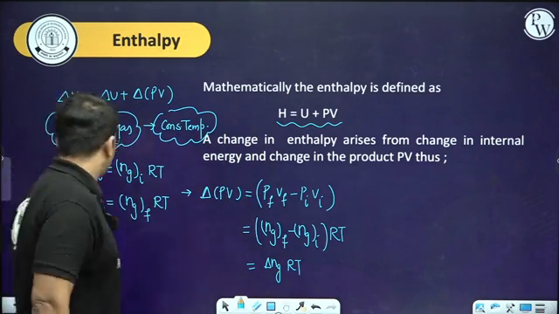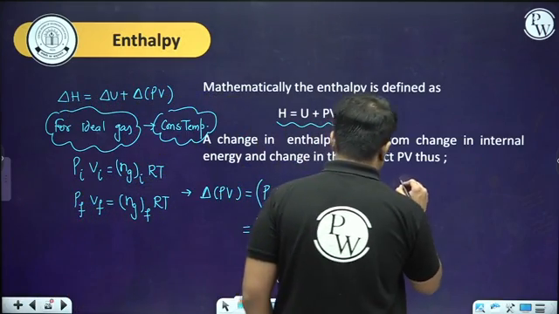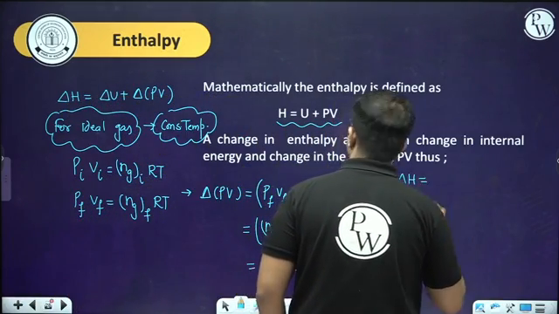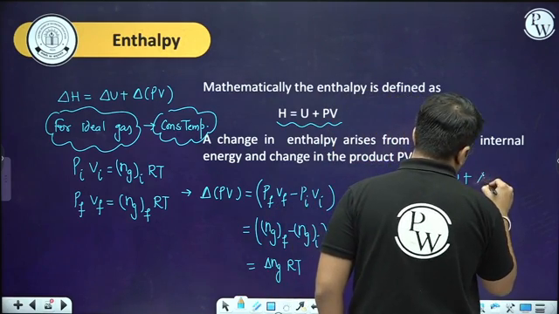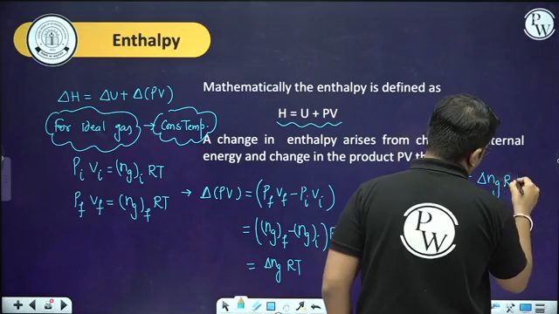So can I put this equation here? Yes, definitely. Delta H will be equal to delta U plus delta n_g RT.